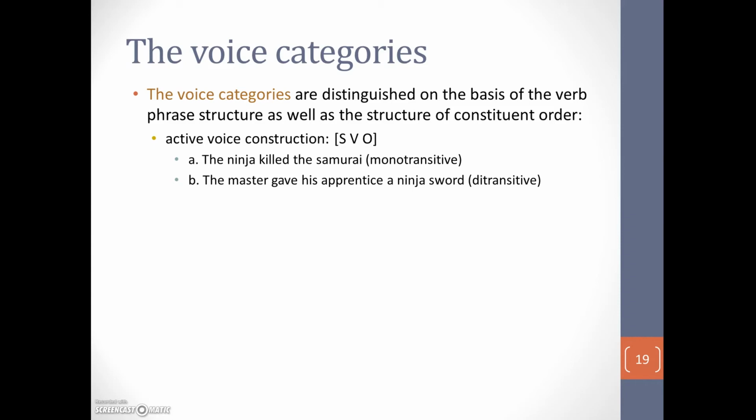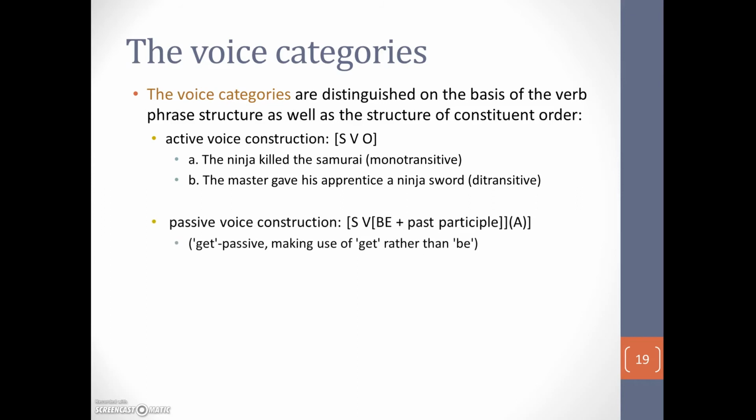Now, depending on the transitivity of the verb, the passive voice constructions are going to look slightly different. But basically, the passive voice construction, as you might remember from our session on aspect, consists of a subject first, then the verb, and the verb phrase consists of auxiliary be plus the past participle of the main verb, and then we also have an optional adverbial at the end.